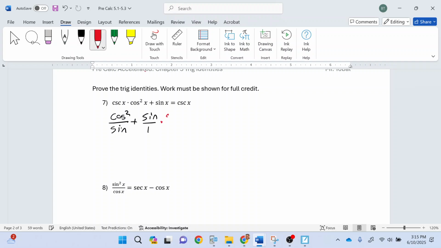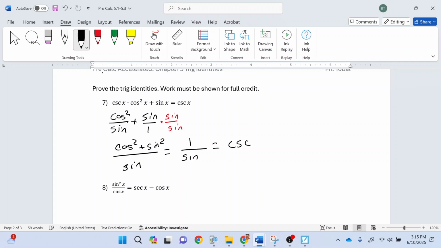In this case, I need to multiply this by sine over sine so I have a common denominator. So cosine squared plus sine squared over sine. Then cosine squared plus sine squared is 1, so that's 1 over sine. And then 1 over sine is cosecant. So that matches what we had over here.